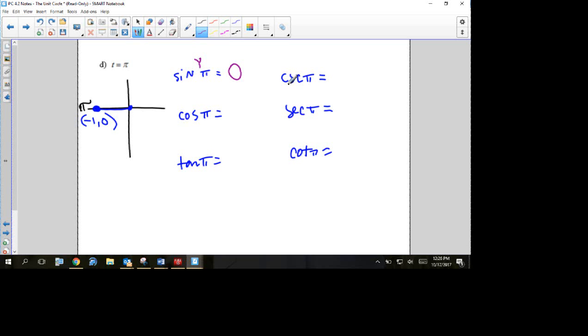So cosine of pi is negative 1. Tangent is what over what? Y over x. So we do y over x, we get 0. Then we reciprocate them over here, undefined. What else do I reciprocate? Negative 1, negative. And then undefined.